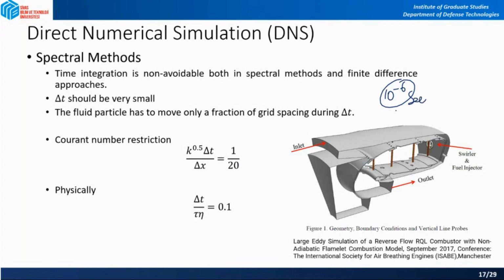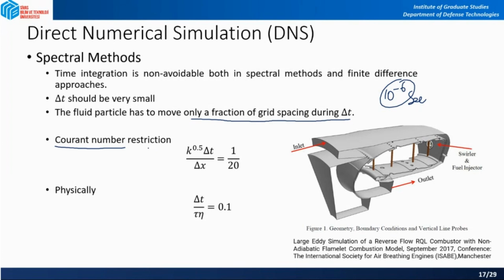So how do we determine the time step? Actually, the fluid particle has to move only a fraction of grid spacing during delta t. For those of you who might have taken numerical methods or CFD classes, you generally have a very restrictive limit, especially for explicit methods, called the Courant number restriction.